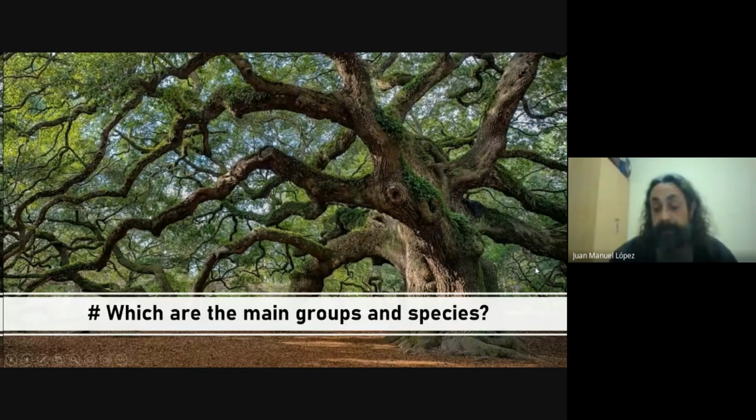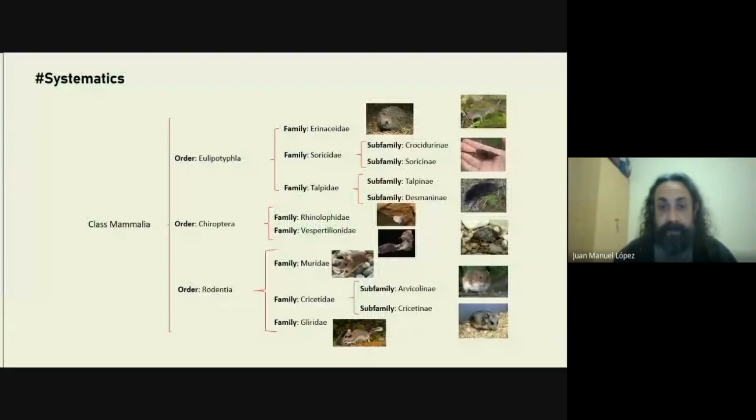Which are the main groups and species? I advance this a little bit. The main groups, there are others, but the main groups that we can find in European sites are the order Eulipotyphla, insectivores, with three main families and subfamilies.